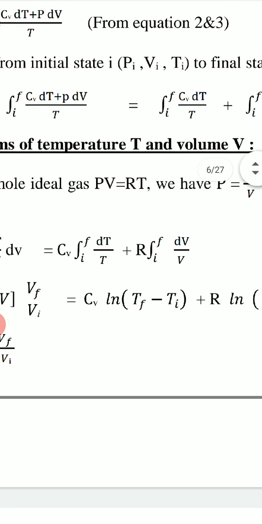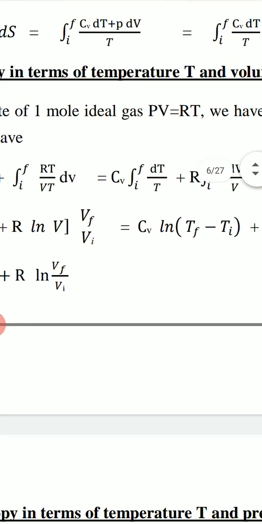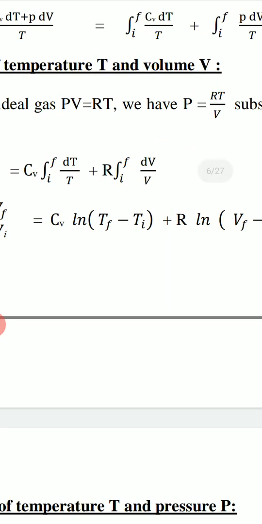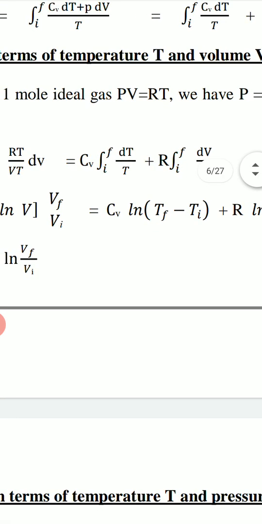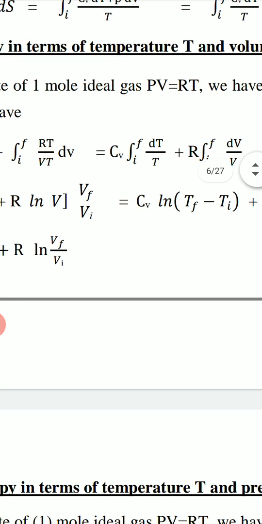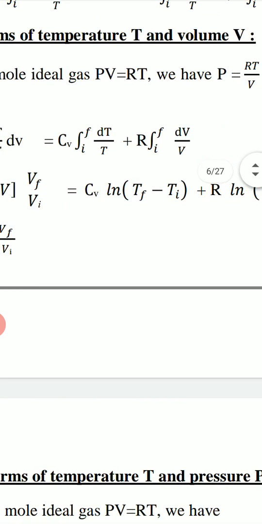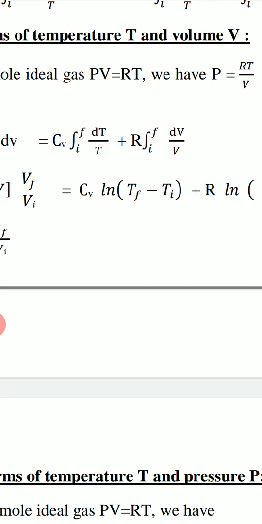First, we look at change in entropy in terms of temperature T and volume V. If we want to find the change in entropy in terms of T and V, we have to eliminate the third variable, that is P. And P can be eliminated from the equation of state of 1 mole ideal gas, that is PV equal to RT.